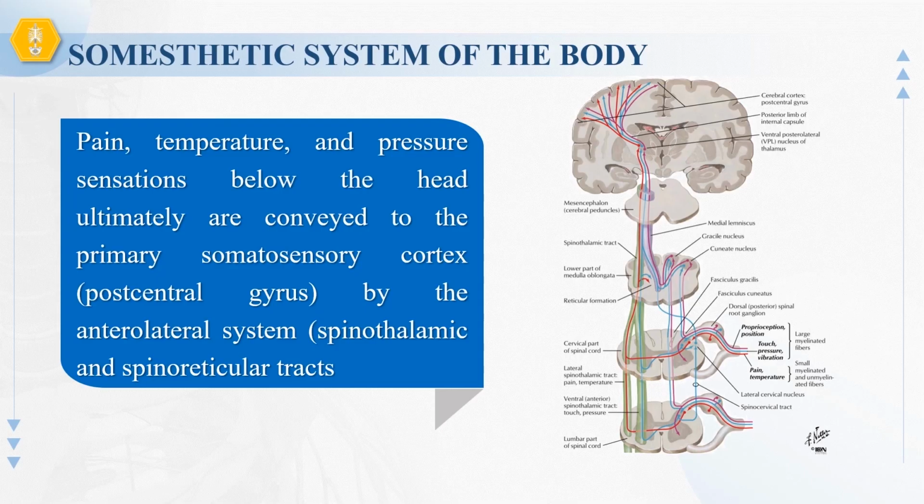In the picture, we can see the blue and the purple lines show these dual pathways. Ultimately, these fibers are sent as a parallel pathway to the thalamus, synapse, and extend to the cortex.